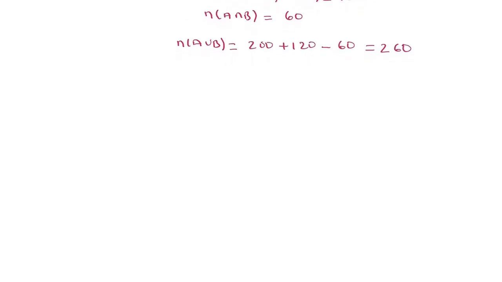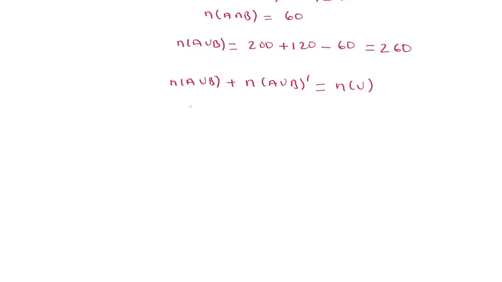Now to find the people who like neither banana nor rice, we are going to use the following formula, which says number of A union B plus number of A union B complement equals number of universal set, of which number of A union B complement are people who like neither banana nor rice. Now let us substitute the values we have.